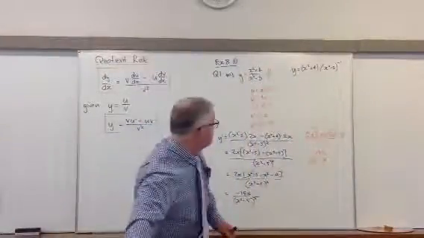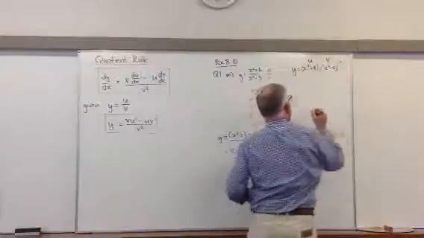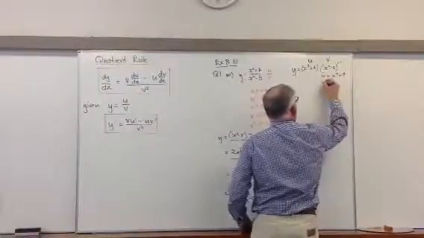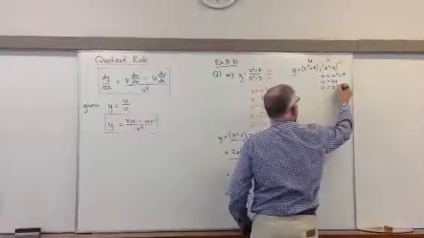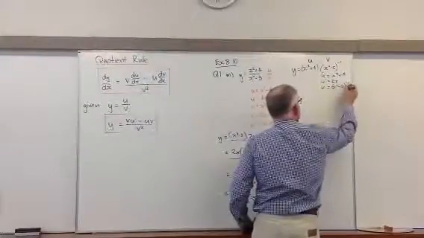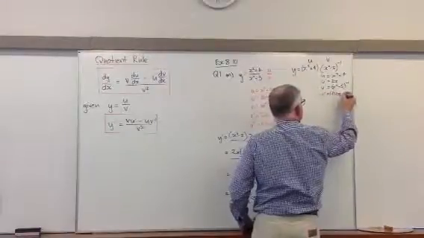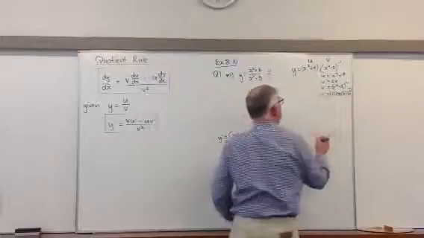And then in this case, the product rule, this is u and that's v. So we'd say u is equal to x squared plus 4, u dash is equal to 2x, v is equal to x squared minus 5 to the power of minus 1, and v dash is equal to minus 1 times 2x times x squared minus 5 to the power of minus 2.